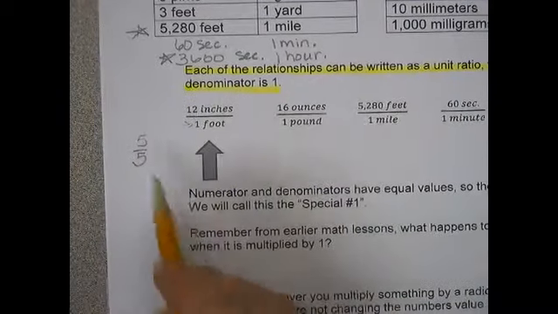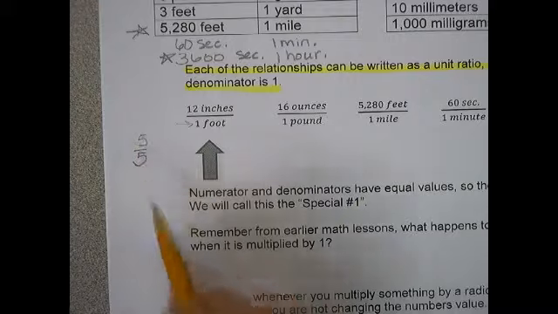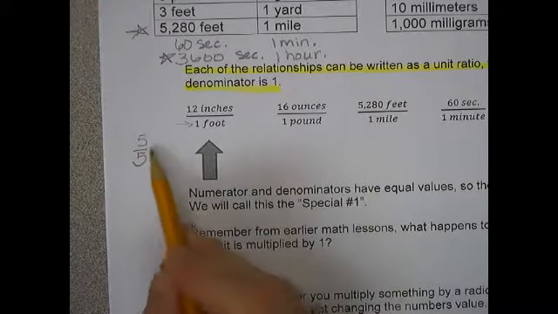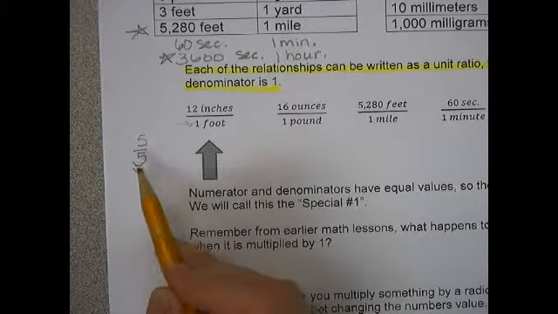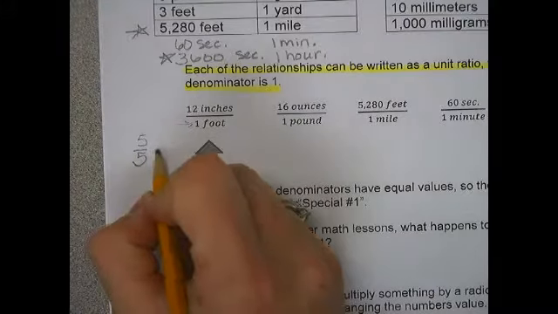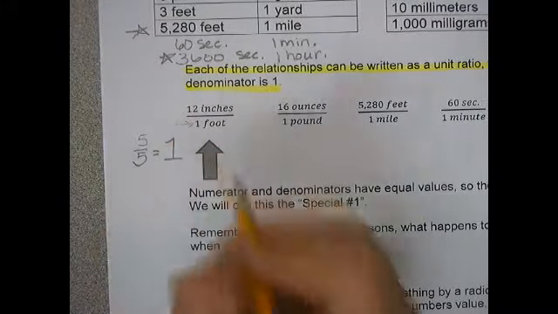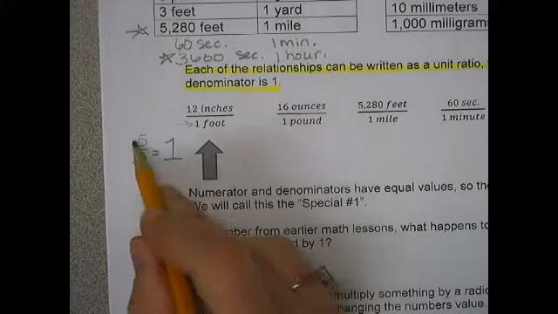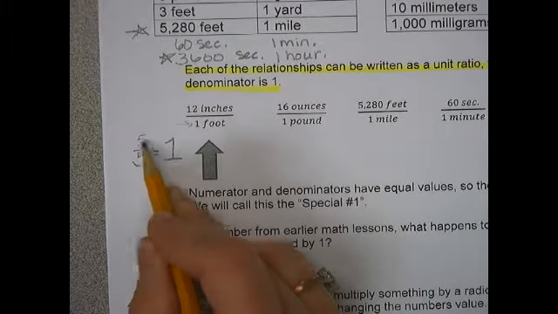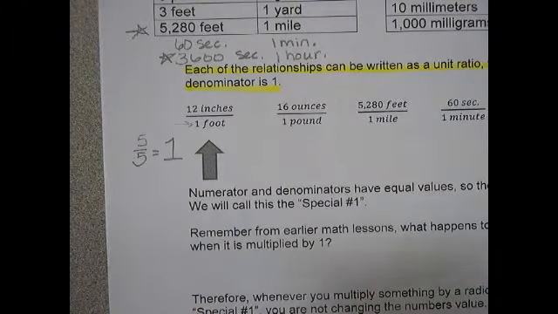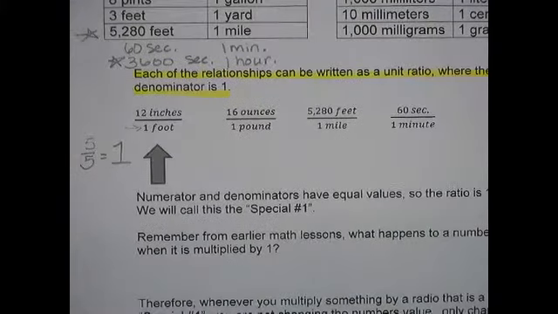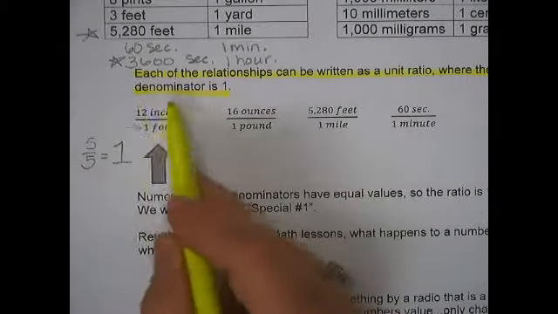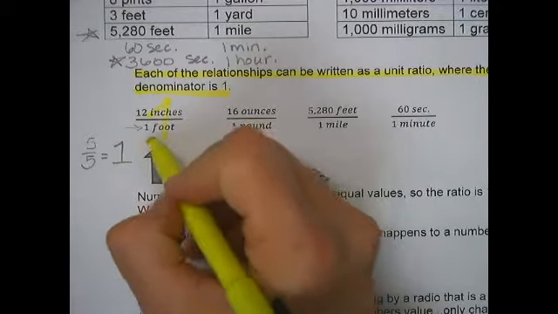If 12 inches is the same as 1 foot, what did you learn earlier in your math career when the numerator and the denominator had the same value? What was this fraction equivalent to? Hopefully you're remembering that it's equivalent to 1. Anything divided by itself or an equivalent value is always going to be 1.